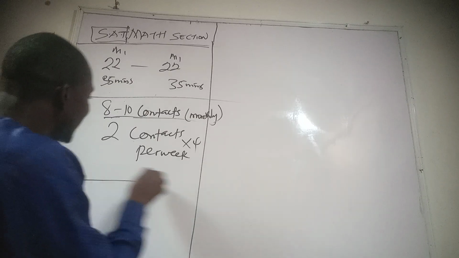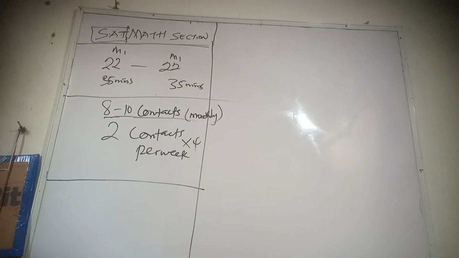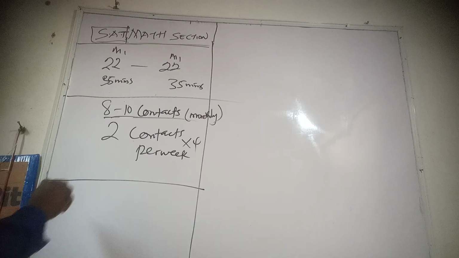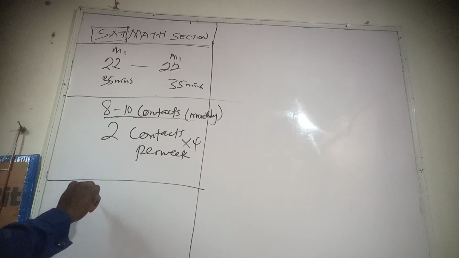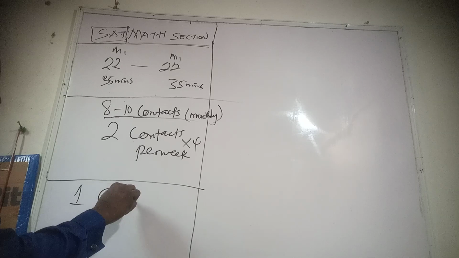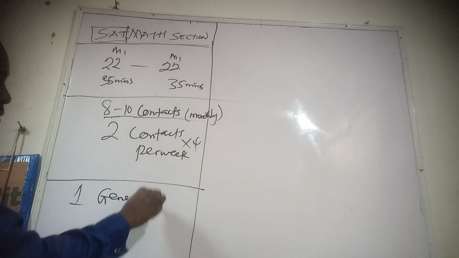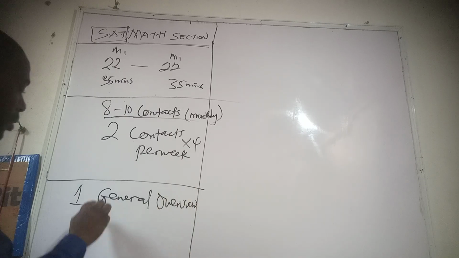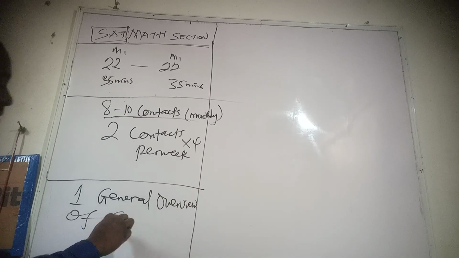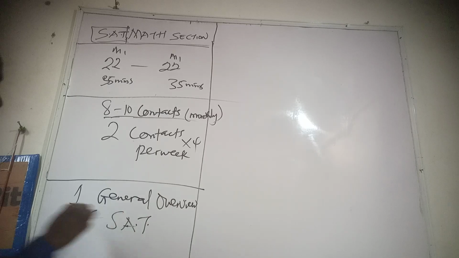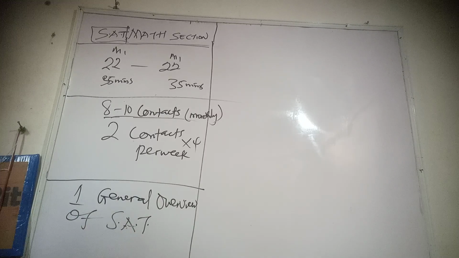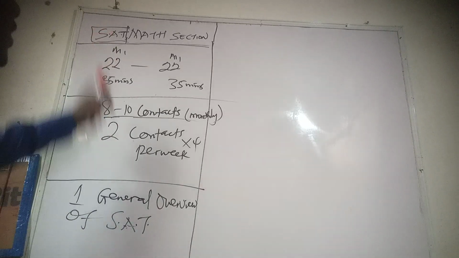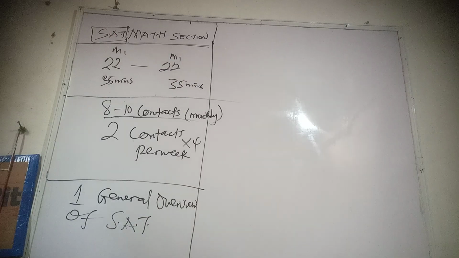In the first contact, we do the general overview of SAT. Then we discuss what we have just said concerning the structure of the exam, the type of questions, everything.